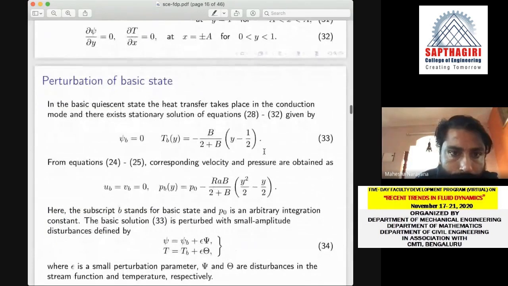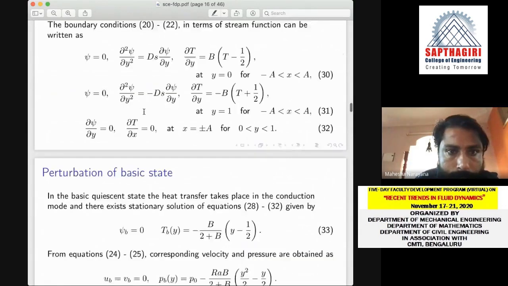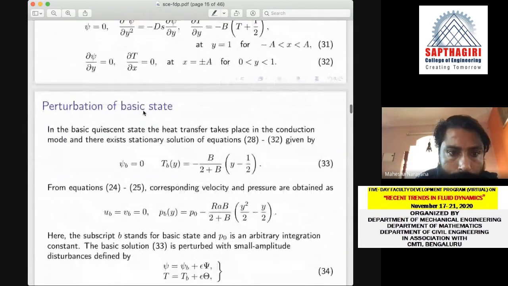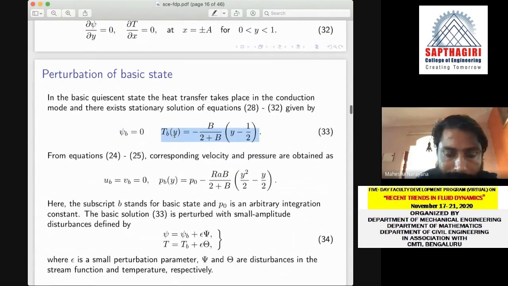Now we perturb the system which is in the basic state, which is the quiescent state. And in the basic state, the heat transport will be taking place in the form of conduction. And since the state is quiescent, the velocities are zero.